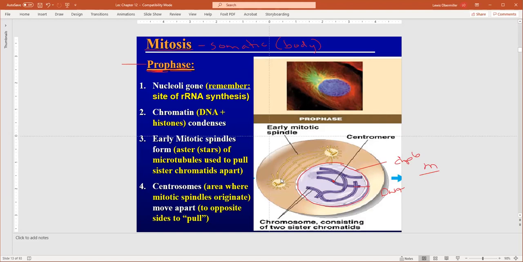And then we have these things called centrioles. They're also called microtubule organizing centers because they basically build microtubules. Remember microtubules? We learned those.